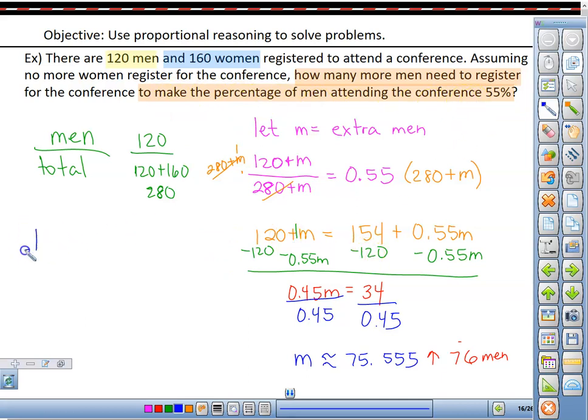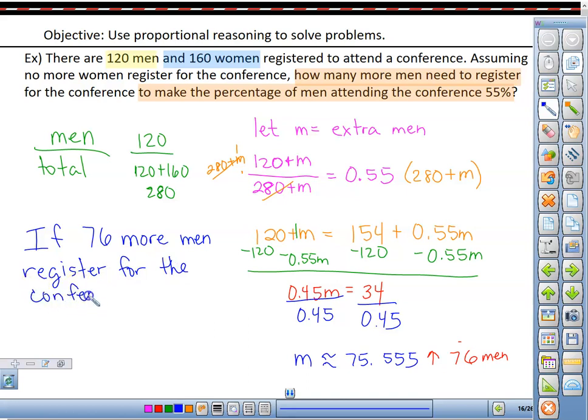So I'm going to say if 76 more men register for the conference, the percentage of men attending will be 55%.